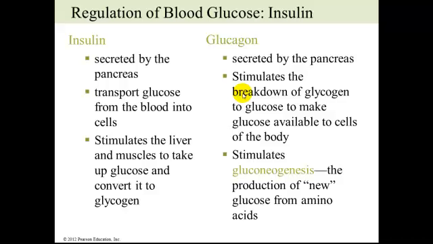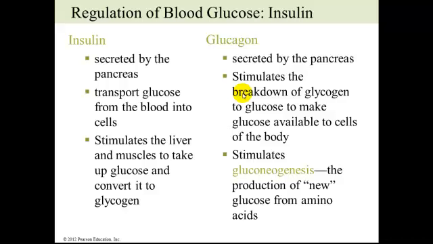Glucose itself is too big to enter into cells, right? Cells have plasma membranes, glucose can't pass into it. What insulin does, insulin can stimulate special molecules located in the cell membranes to take glucose and transport glucose in, right? So it's kind of acting like a key to open these doors to let glucose into cells. In addition, insulin is also going to stimulate the liver and muscles to take that glucose and convert it to glycogen.